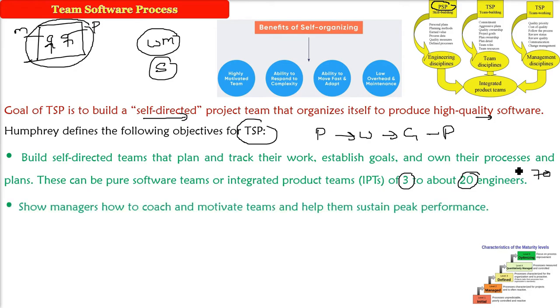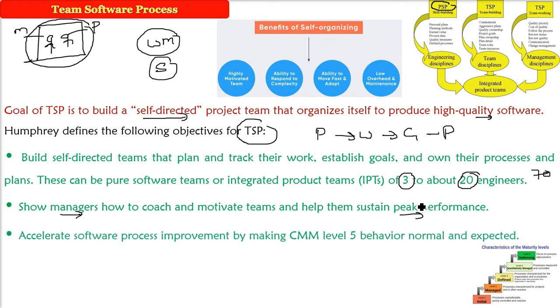Because the manager has to guide, first of all you have to coach, motivate and teach your team. That is how to get peak performance. You need a coach for your hockey team, for your cricket team. And also how to accelerate software improvement so that the company, organization or team achieves CMM level 5. We'll talk about CMM.